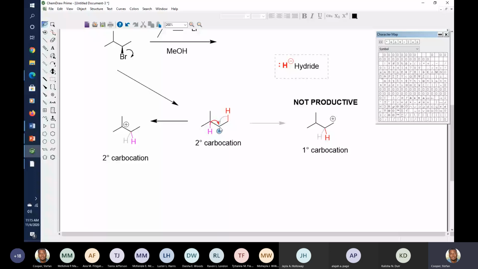A consequence of losing 2 electrons, you gain a formal plus charge. So the way that you show that is that you have to show the electrons in this bond to hydrogen moving over to this carbon that has a plus. Indirectly, this carbon now becomes plus. Does that answer your question?